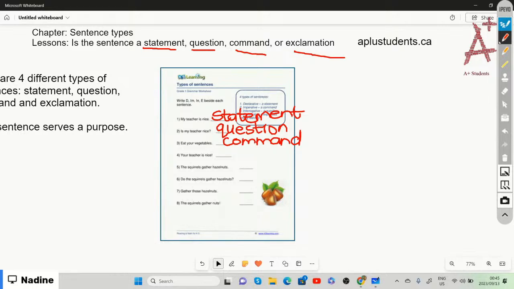Your teacher is nice. Your teacher is nice. And it ends with an exclamation point. We see that there are 2 types of sentences that end with an exclamation point. It's either a command if it shows strong feeling, or an exclamation sentence.